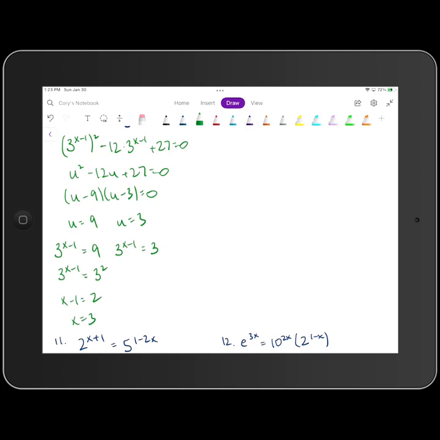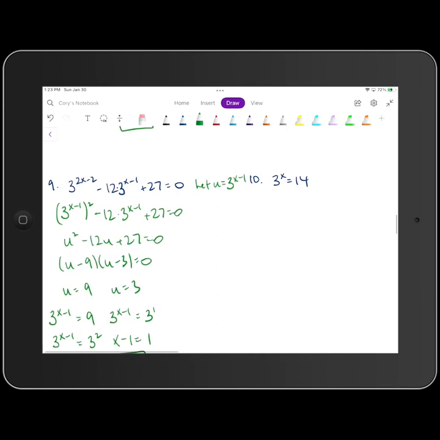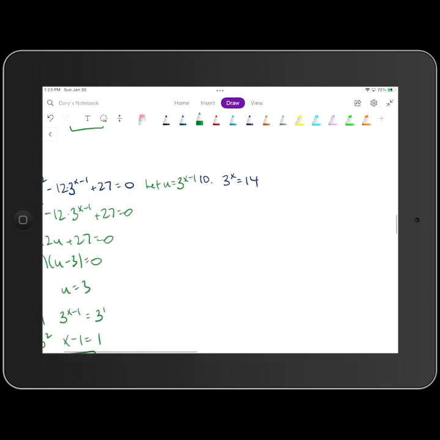And then for the second equation, that's like 3 to the x minus 1 power is equal to 3 to the first power, which means x minus 1 is equal to 1, and x is equal to 2. Okay, so those are our two solutions for number 9. All right, on to number 10.